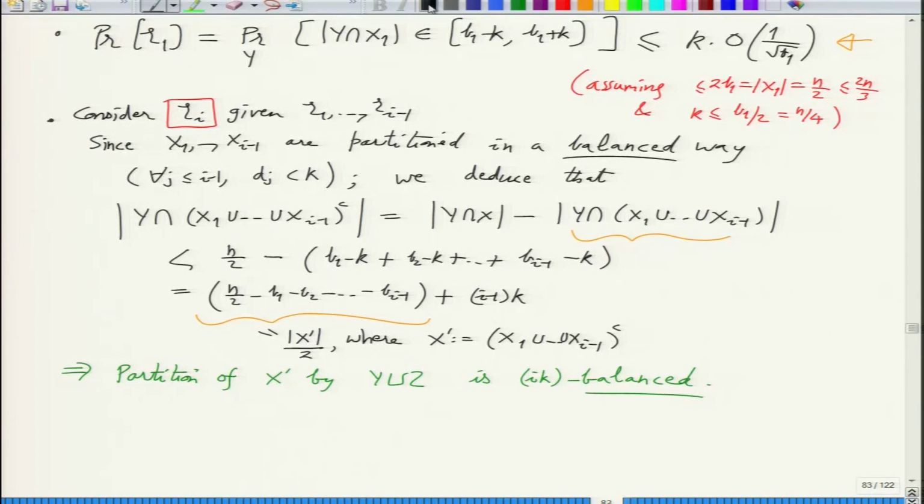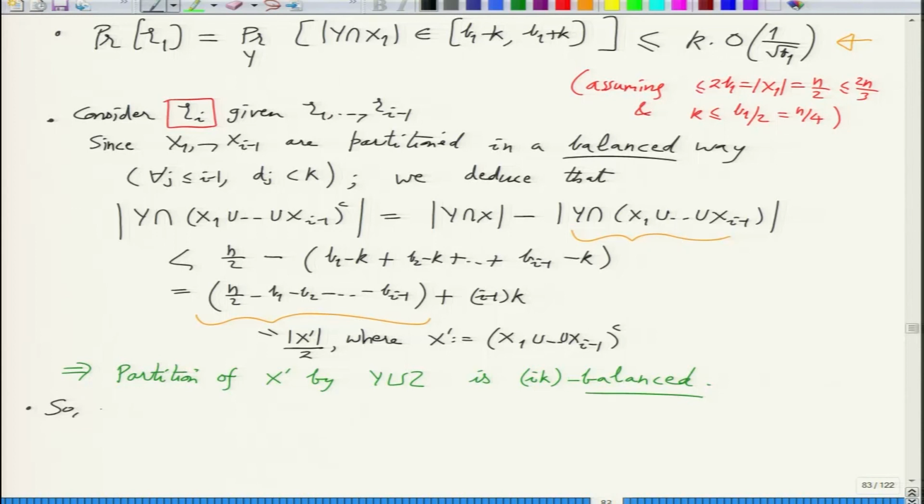Even at the ith stage, the probability calculations will be very similar to the probability calculation for the E1 event. So this will drastically simplify our calculations. So we'll just do what we did with E1. We'll get the same expression.